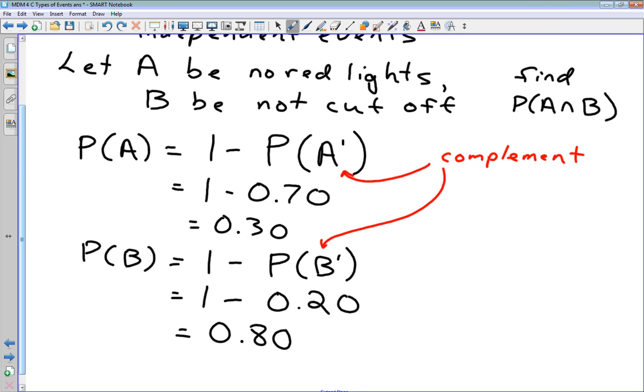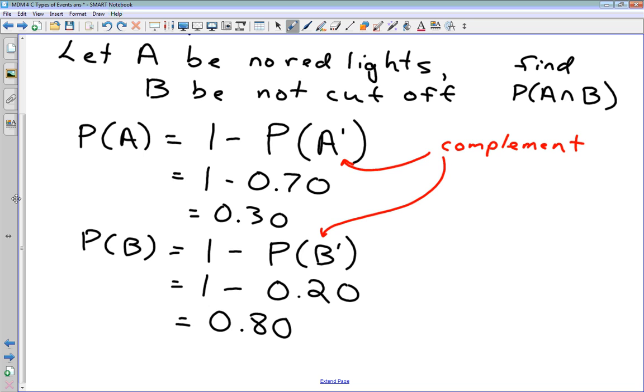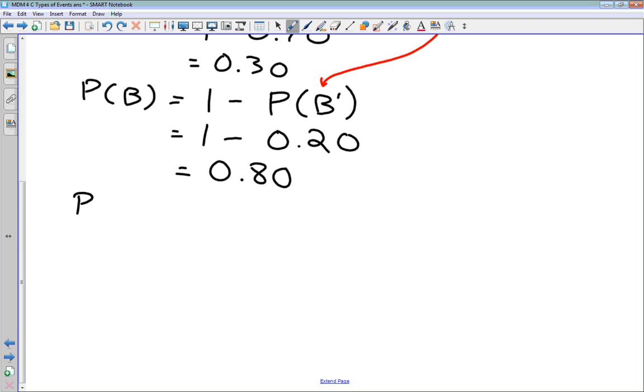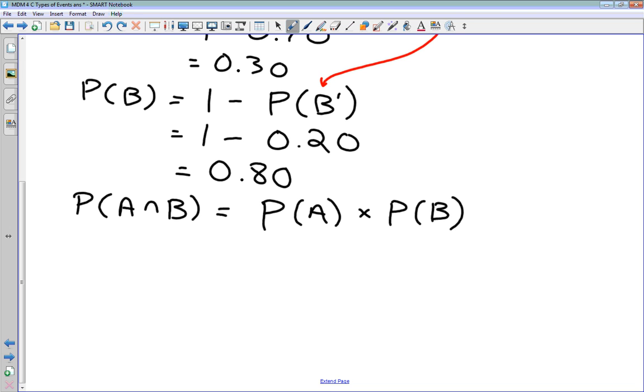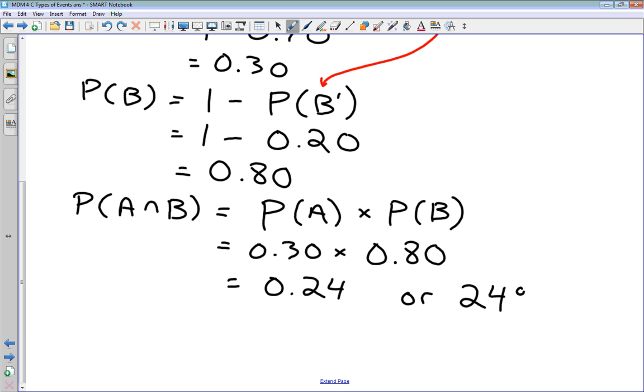Now that we have the probability of A and the probability of B, we can calculate the probability of A and B. It's just going to be the probability of A times the probability of B. So we take our 0.30, multiply it by our 0.80, and get 0.24, or 24%.